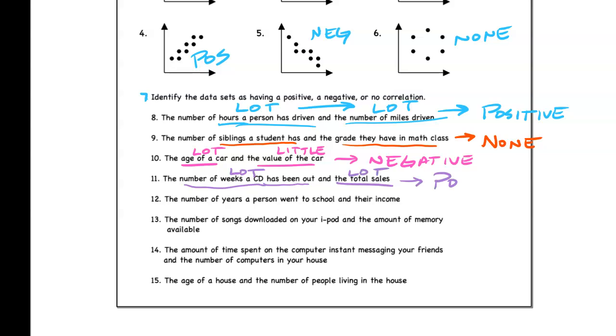That's kind of how you're supposed to approach it. It definitely does depend on the CD, Caleb, but you technically can't sell less CDs the longer it's been out. Once you buy a CD, you can't sell less of them, so it can't be a negative correlation.